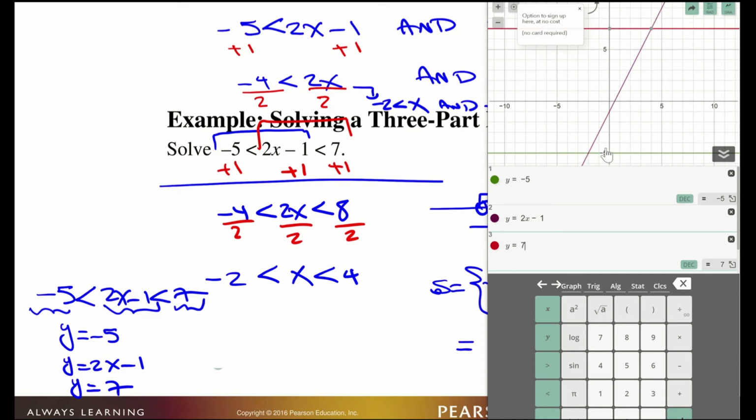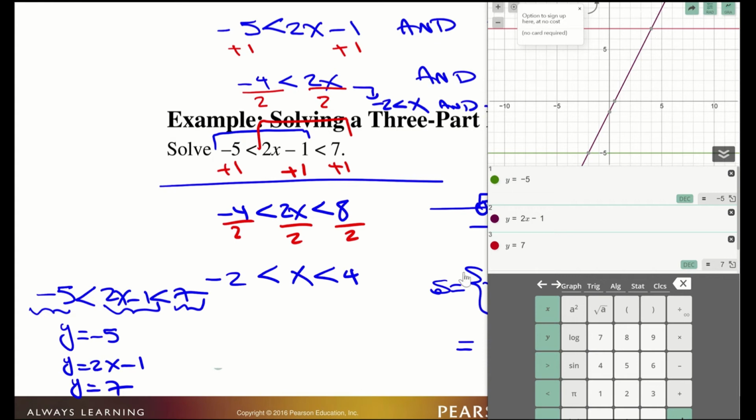Notice that when y values on this graph, the oblique line, are between -5 and 7, the x values are going to be between this point, this x value, -2, and the x value for that point, which is 4.